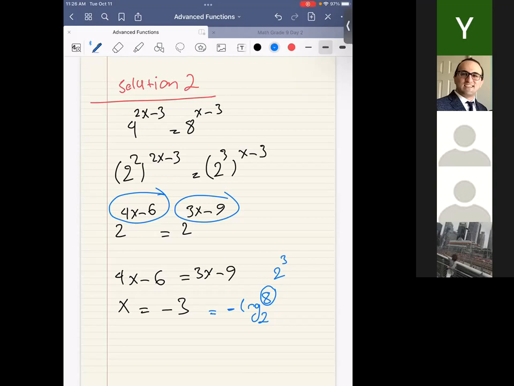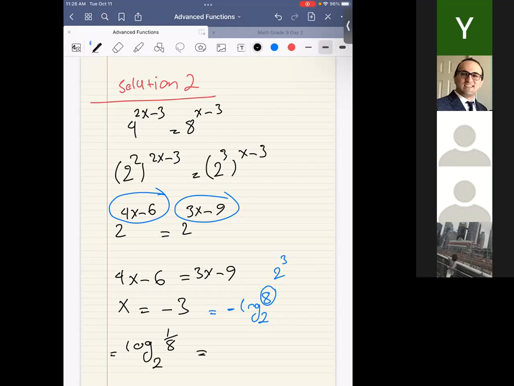Now, minus log of 8 is equal to log of 1 over 8, and we get rid of the minus.